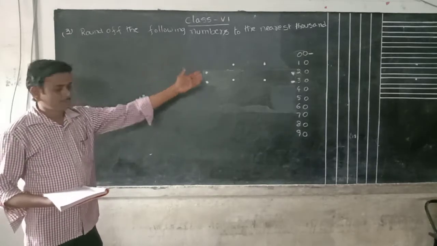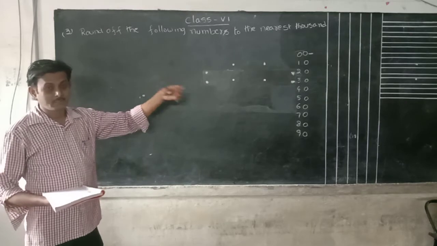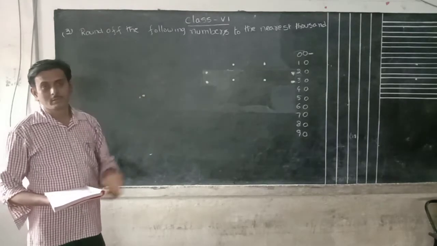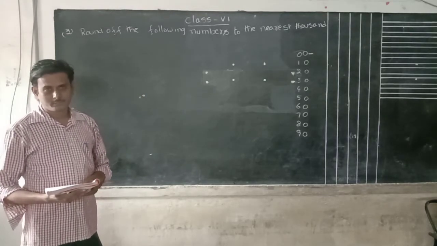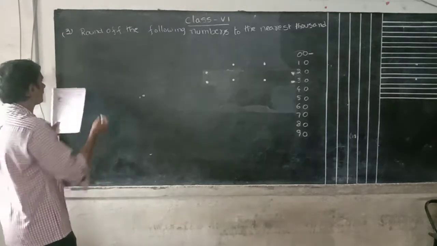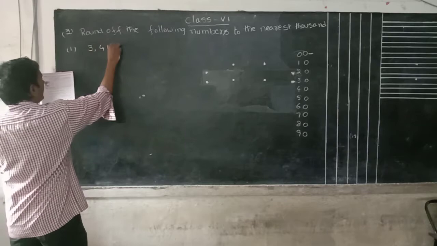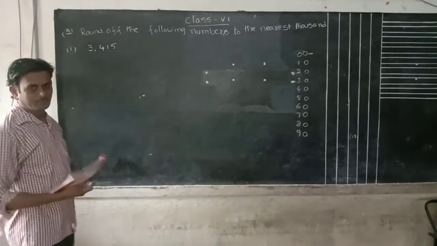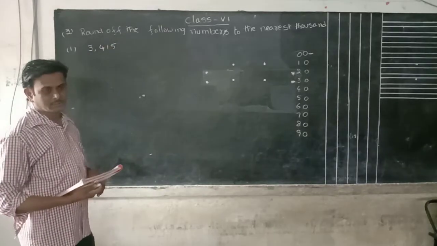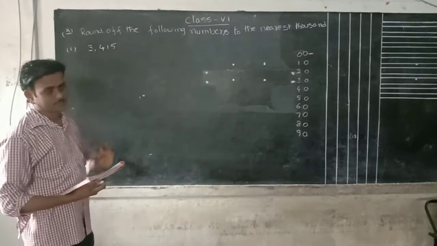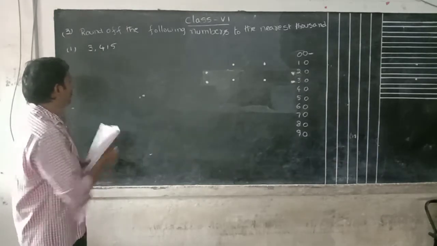Then that number lies between which numbers, and then identify the nearest number. Then we can get the answer. In this first one, 3,415. This is the number given.